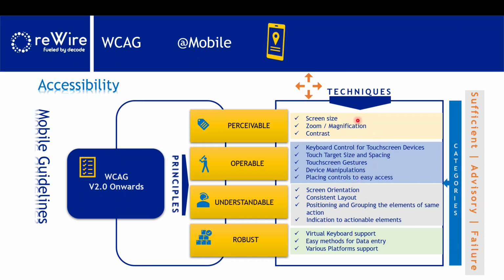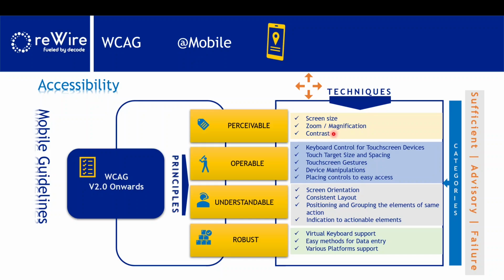Okay, let's first talk about the techniques, and then how the techniques are mapped to the principles. Here, perceivable means how the application is perceivable to the end user. End users means not just normal users, including disabled users as well. So screen size and zoom, and when the application is zoomed and magnified, how the contrast and the colors will be perceivable to the users.